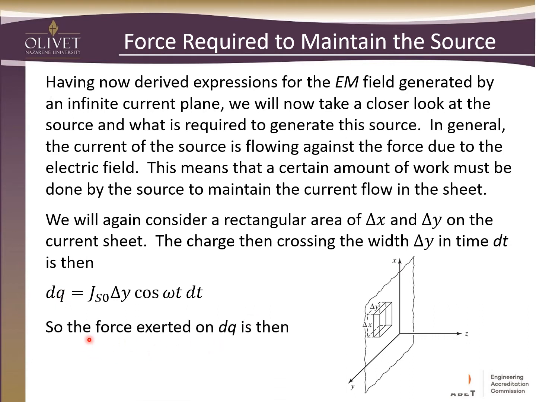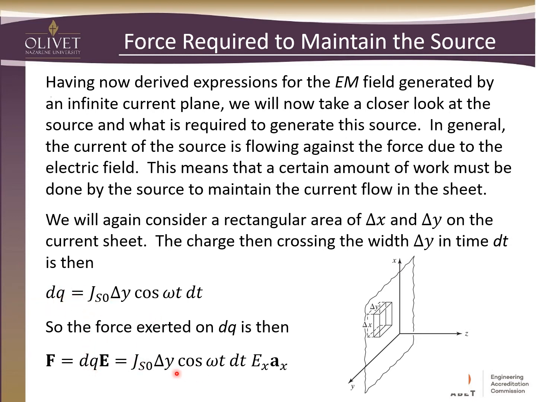So the force then exerted on this differential charge is defined by our equation. Remember, we had F is equal to the charge times the electric field. Well, we've got an expression for this differential charge.